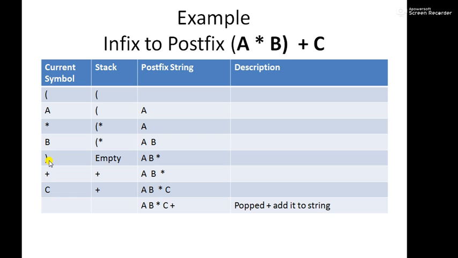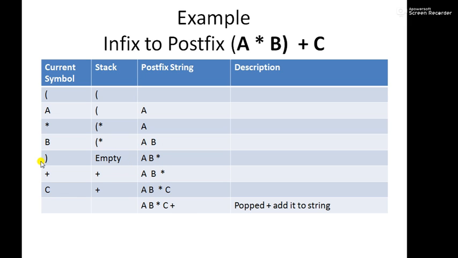Then the next symbol is a closing parenthesis. So we'll have to pop out all the elements until the left parenthesis is reached. Here is my opening and here is my closing parenthesis, and in between we have the multiplication, so we pop it out and it is added into the postfix string, so AB star.